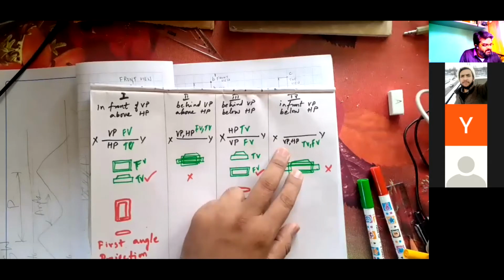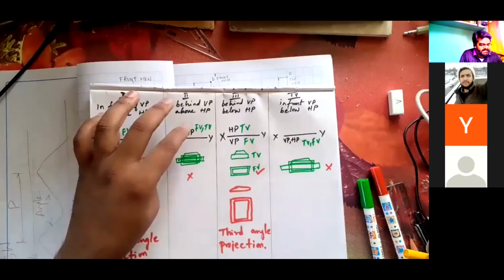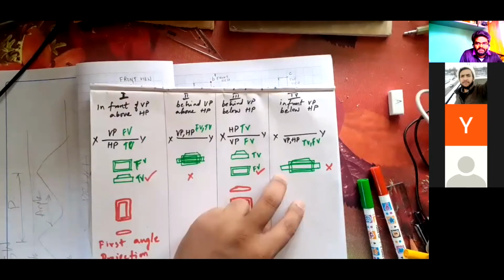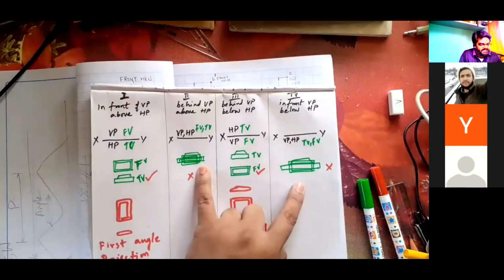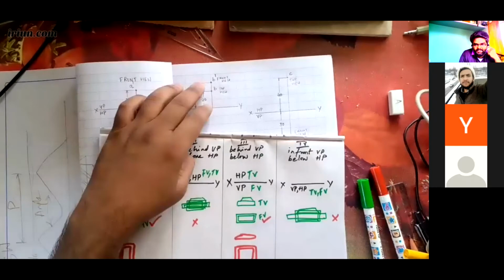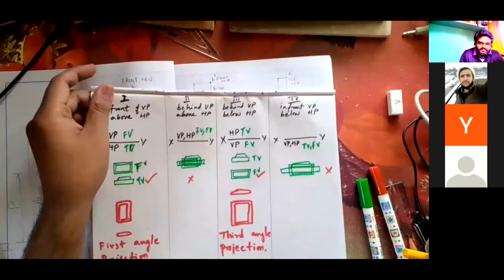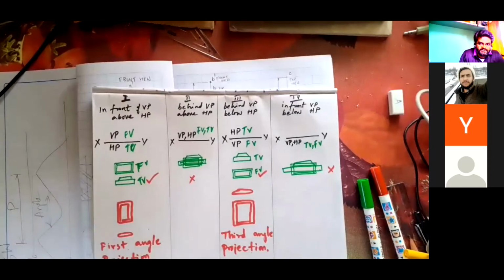That means front view and top view will coincide above XY line in second quadrant, below XY line in fourth quadrant. So second quadrant and fourth quadrant we are not using. Only in points there is some difference between the two and we are getting some particular images, but not in the other types of projections. So in first quadrant and third quadrant only, we'll be using these two quadrants for further representations.